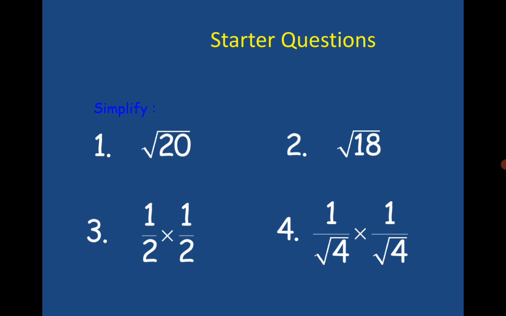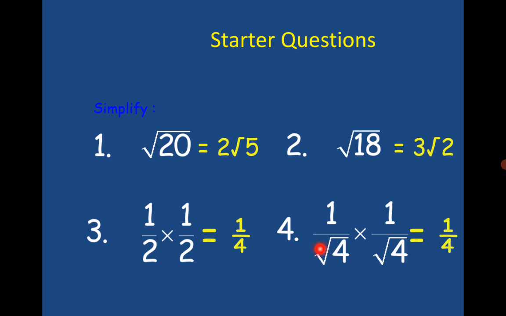Right, if you do this properly, you should be able to find that root of 20 is 2 root 5, while root of 18, you should be able to find 3 root 2. And multiplying half by half, you should be able to get 1 over 4. What did you find here? 1 over root 4 times 1 over root 4, you should be able to find 1 over 4.